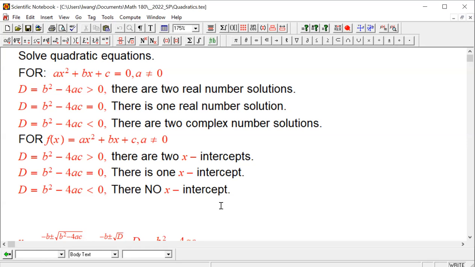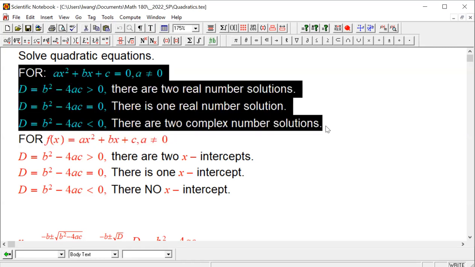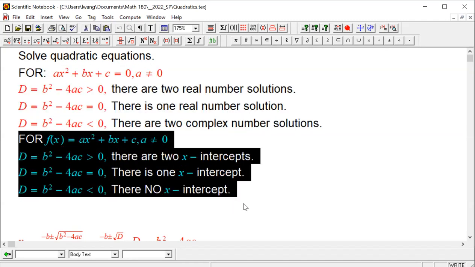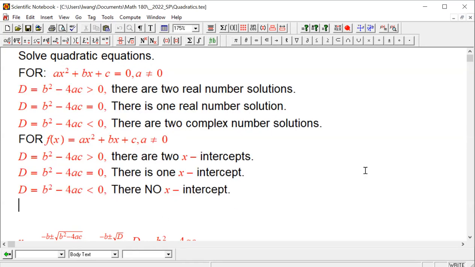It doesn't matter in plural or singular, I believe. So you can see these three cases very much depend on the parameters A, B, C, for equation and for function. I hope that helps.